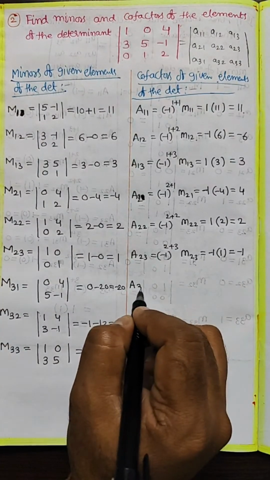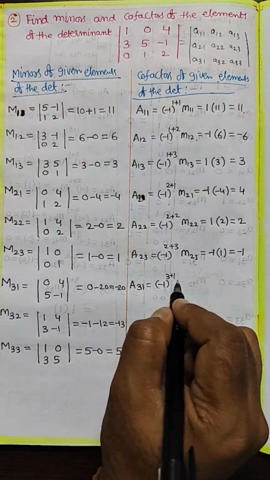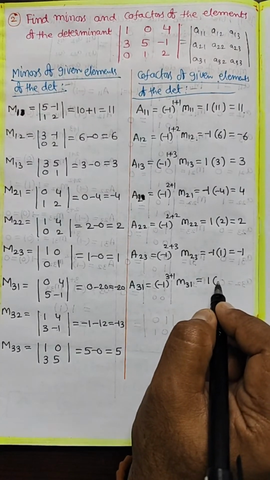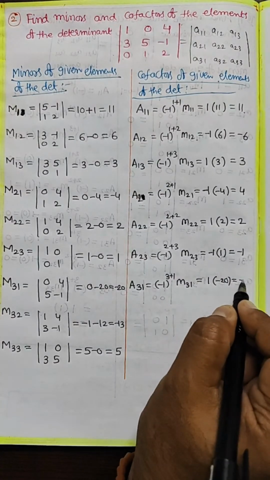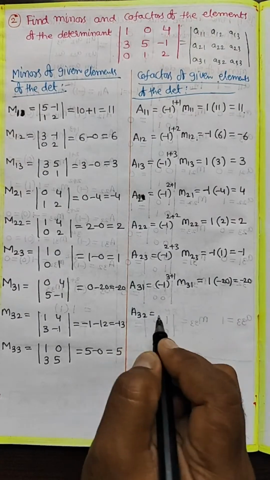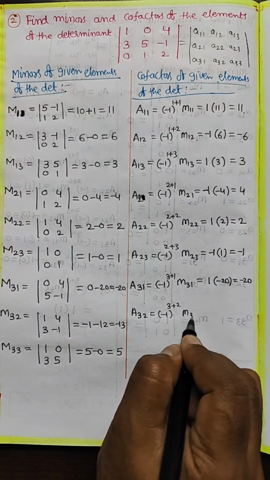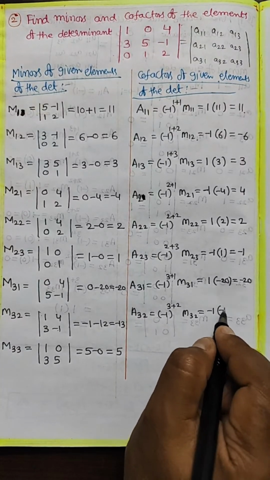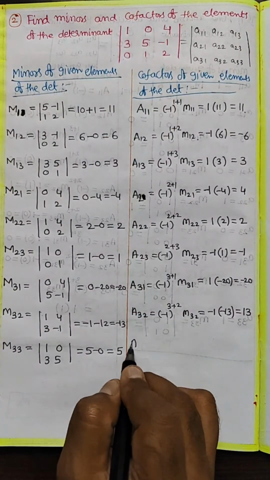Next, A31, minus 1 whole power 3 plus 1 into M31, which is 1 into M31 value, you will get minus 20. Next, A32, minus 1 whole power 3 plus 2 into M32, minus 1 into M32 value minus 13, which is equal to plus 13.